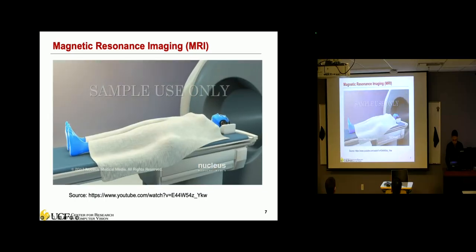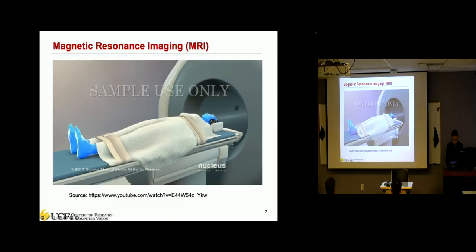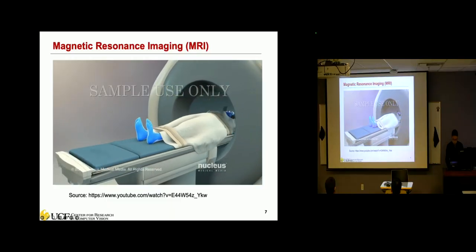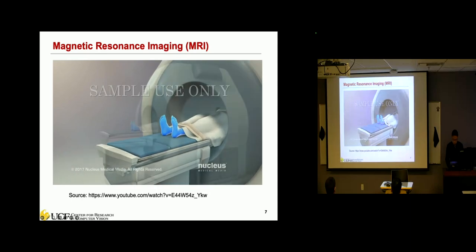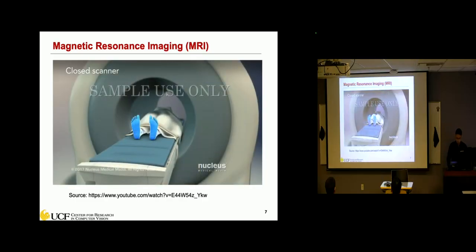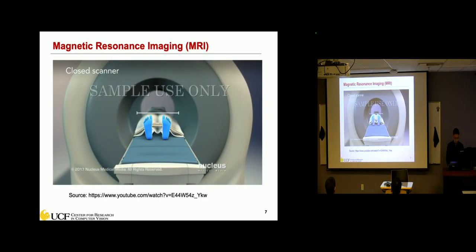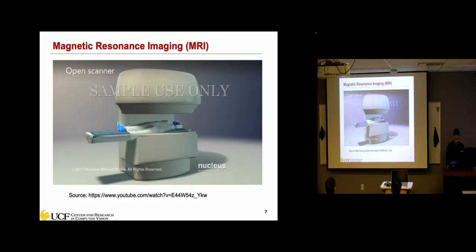Different equipment, such as pillows and straps, will help you stay in the correct position. Once you are ready, the table will slide into the scanner. Most often, closed scanners, such as this one, are used. The area inside is very narrow. In some areas, open scanners are available.